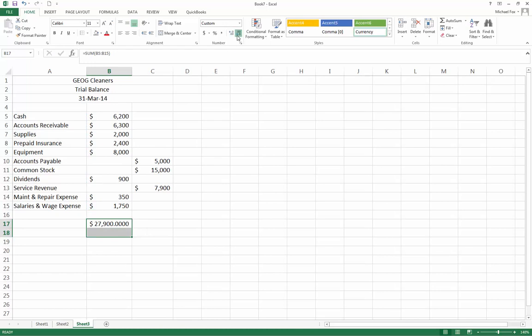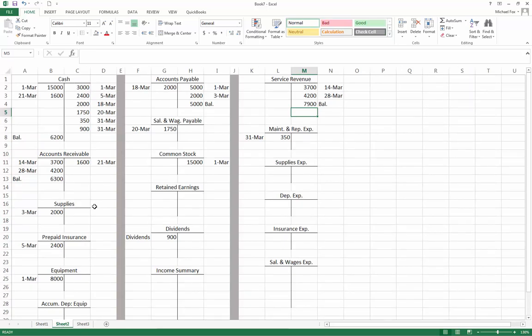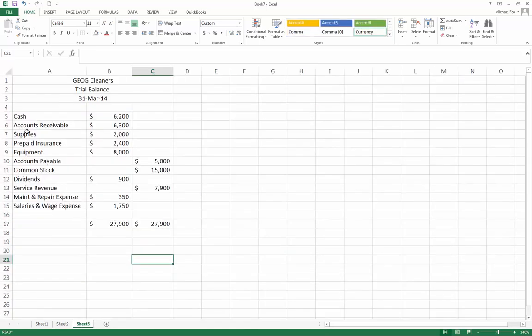Sorry, I got the decimals all weird here. 27,900. And 27,900. So there's our trial balance. All we do to create a trial balance is we take the balance of each of our ledgers and we kind of put them all together. That's it.